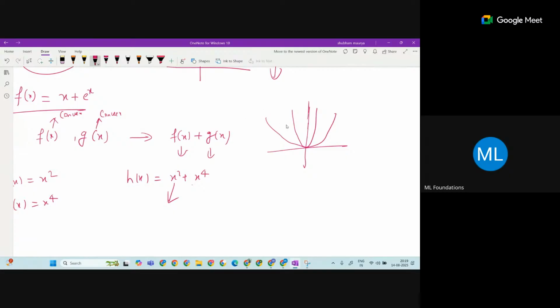Separately, the epigraph of each is a convex set, so both functions are convex. Since both are separately convex, the addition is going to be a convex function.